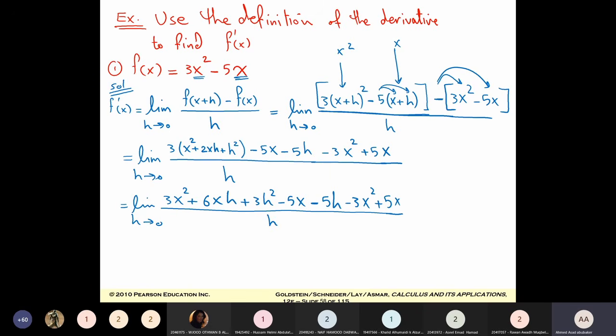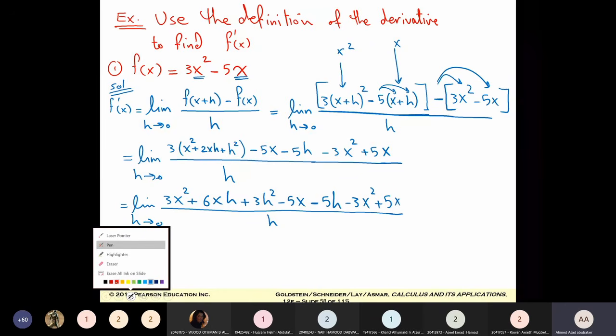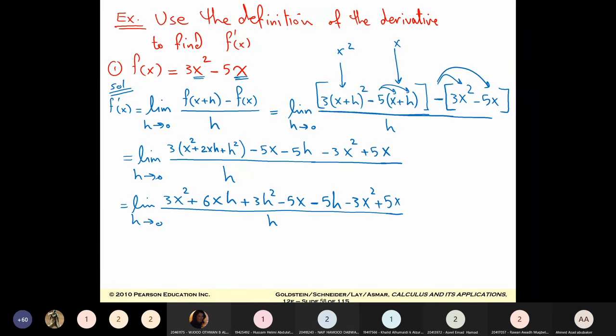After simplifying more, we can find terms with the same value but different sign. Any term without h must be removed. You will notice that any term without h must cancel; it's not that I remove it, it actually cancels. If it doesn't cancel, you have a mistake. Look at this. We have 3x squared with negative 3x squared. Also we have negative 5x removed with 5x.